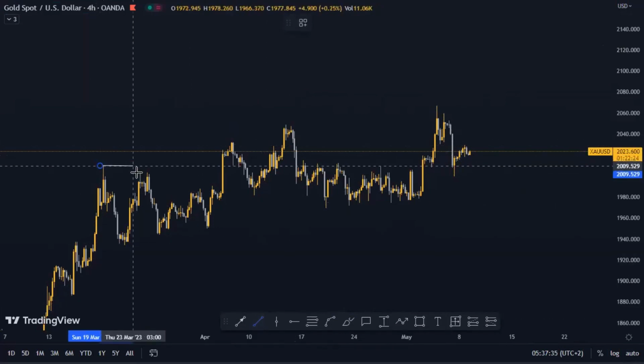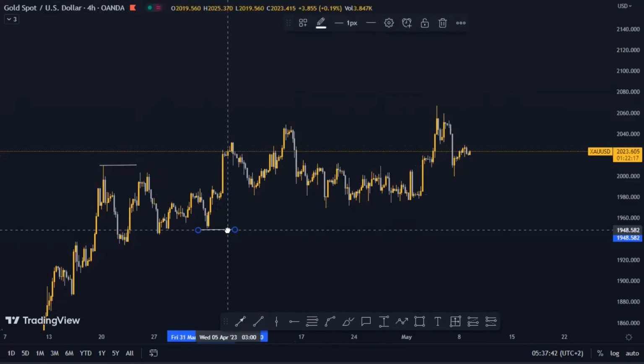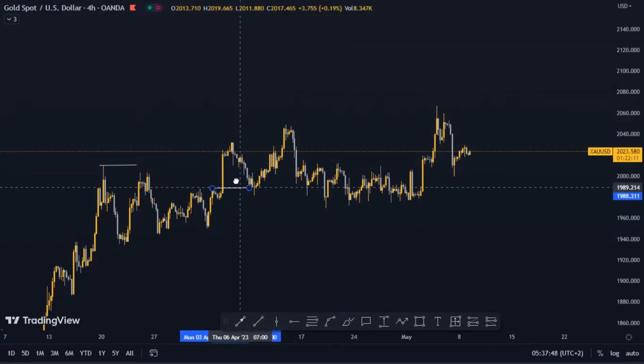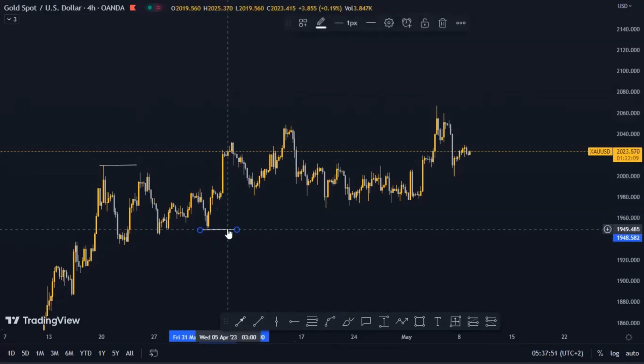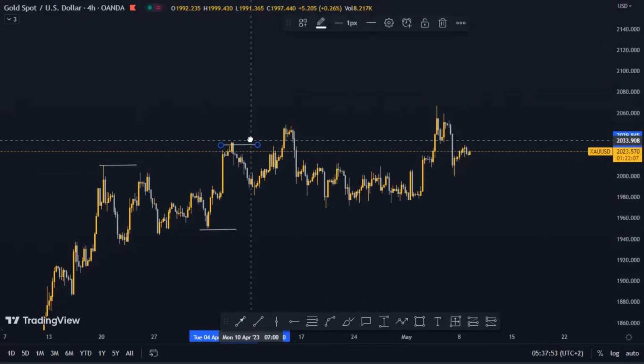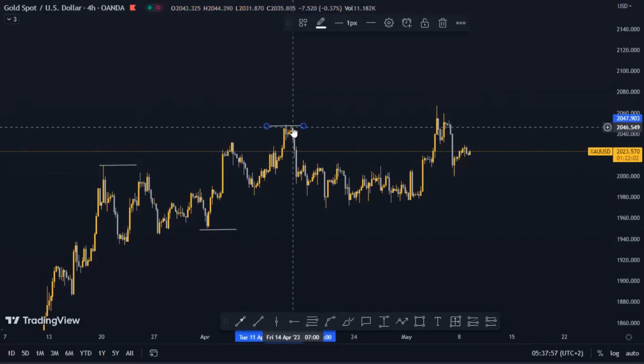I'm sure you can tell that from here, this market has just been breaking highs. So we have a high there, a higher low here. Let me duplicate that. There we go. We have a higher high here.